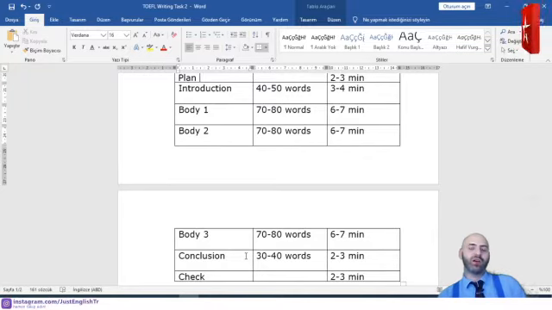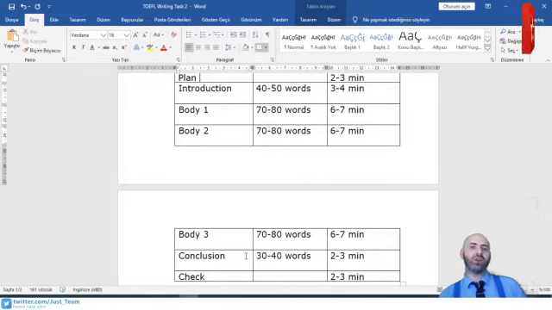Also, checking is good because you can check your grammar mistakes, maybe change some words to make higher level writing. Like I always tell my students, if you can't use very difficult words and high level words in your writing, no problem. Write with easy words and then check it and change the structure.